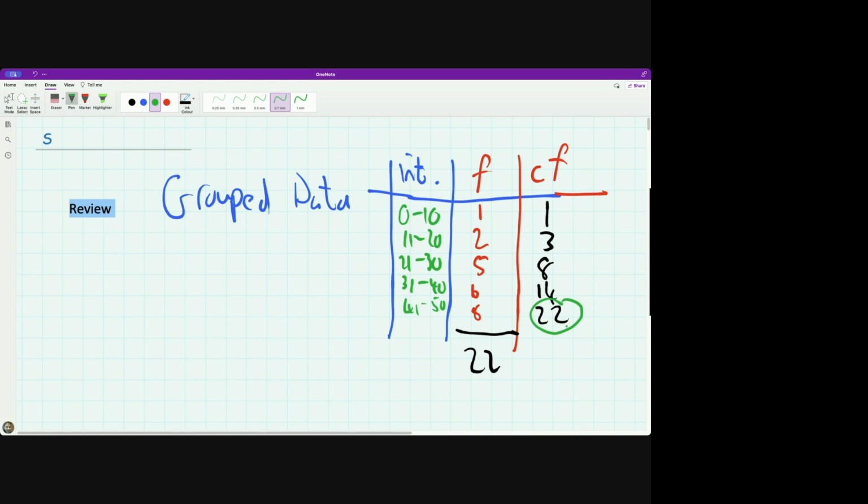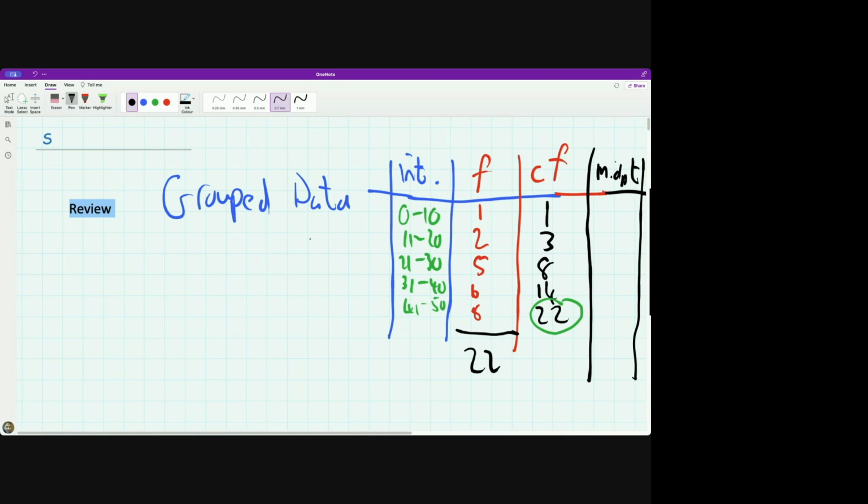So the first part of this course was about lists of data, but now we're working more and more with grouped data in tables. And sometimes we also have to find the midpoint. We spoke quite a lot about this in the last lesson, the midpoint of an interval. And that can be useful when we're working various things out.